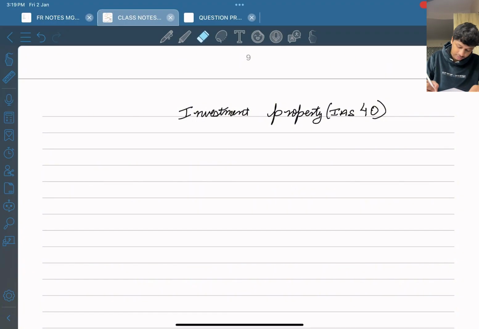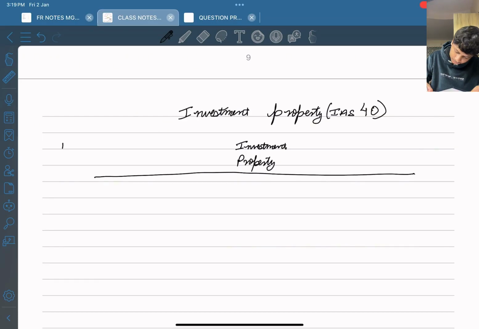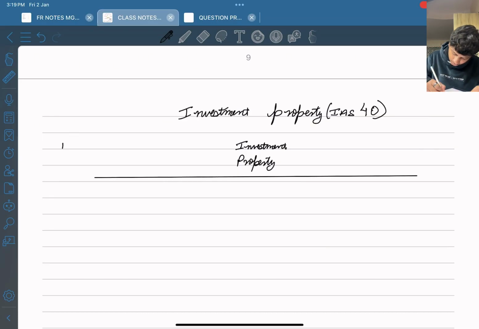What is investment property? First, it is a non-current asset.